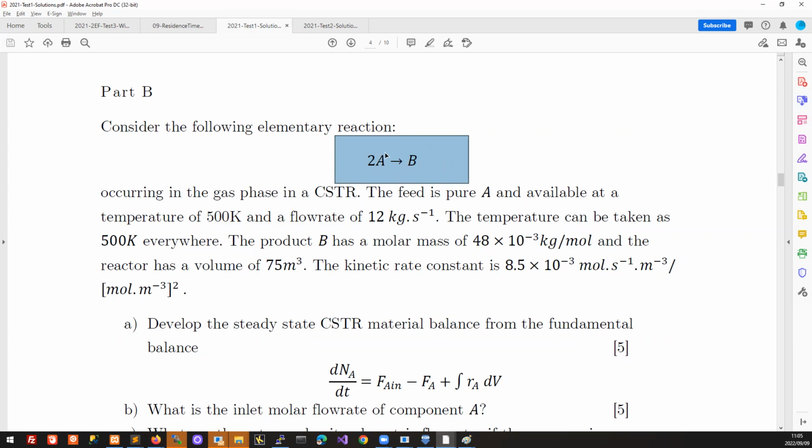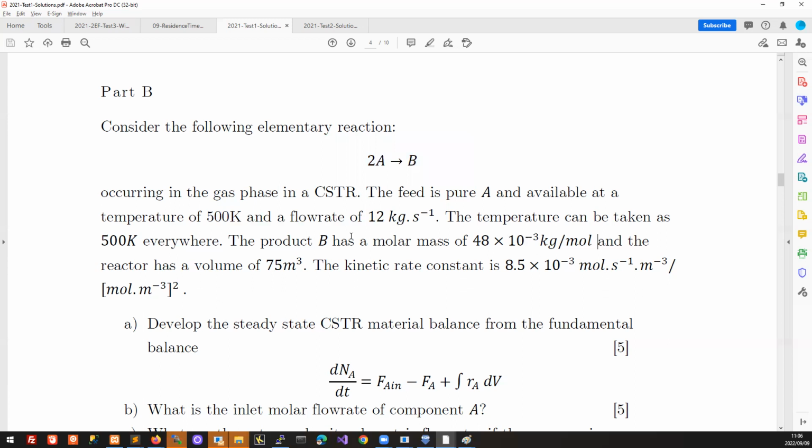So we can use that to say 2 times the molar mass of A equals the molar mass of B. So the molar mass of A is simply going to be a half of this, 24 times 10 to the minus 3 kilograms per mole. So that's the molar mass of A.